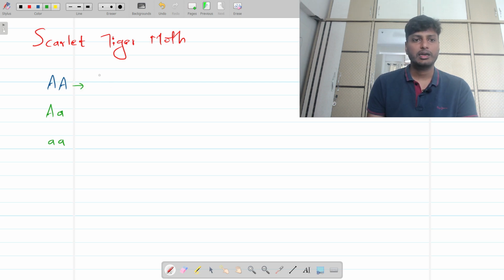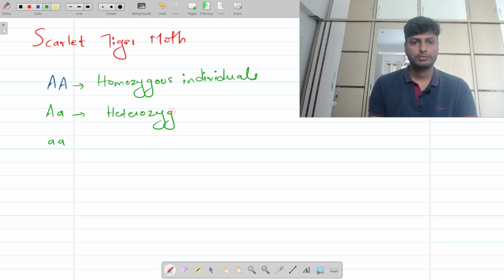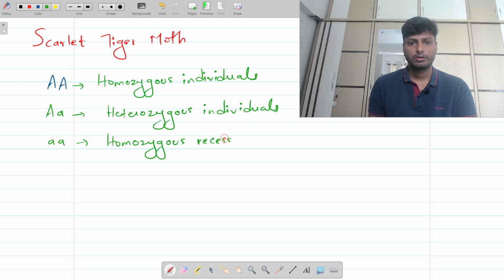That means capital A, capital A are the homozygous individuals of this moth. Capital A, small a are heterozygous individuals of this moth, and small a, small a are homozygous recessive individuals of this moth.